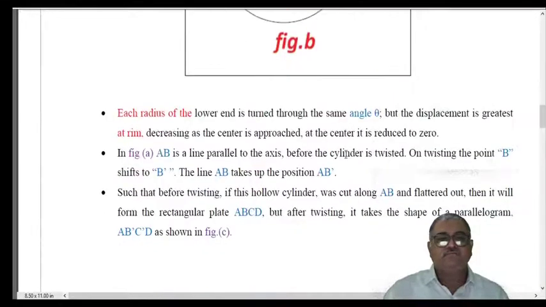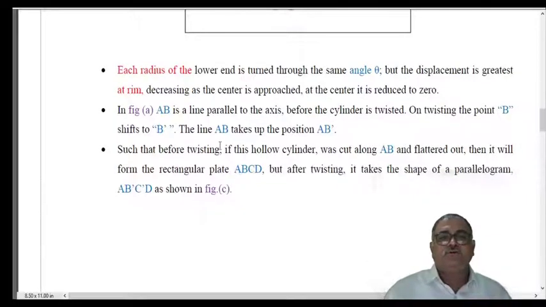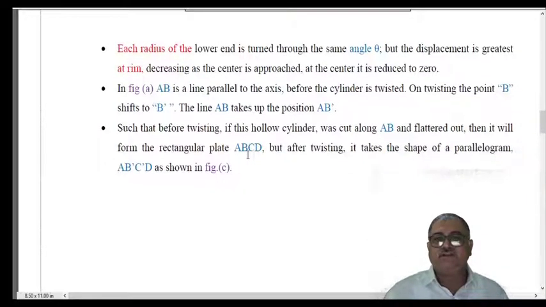Now see, such that before twisting, if this hollow cylinder was cut along AB and flattened out, then it will form the rectangular plate ABCD.